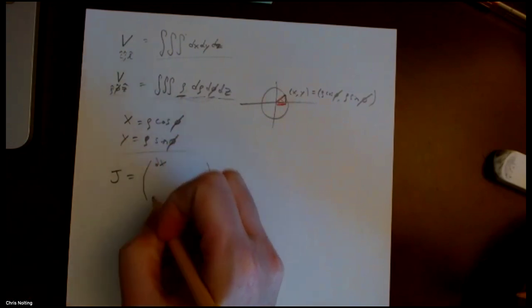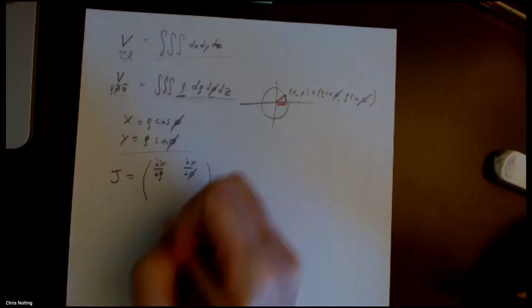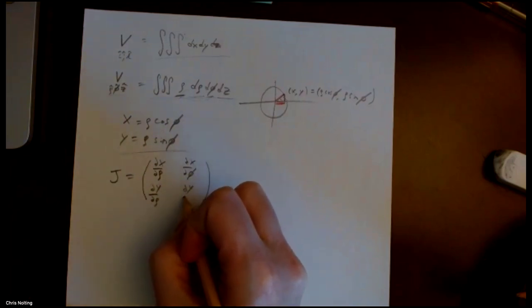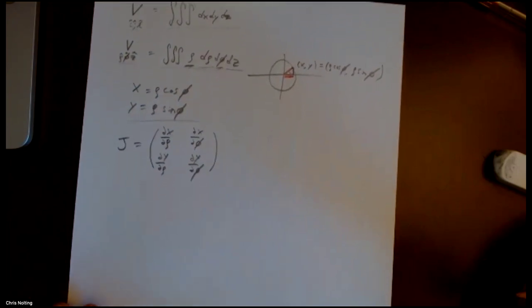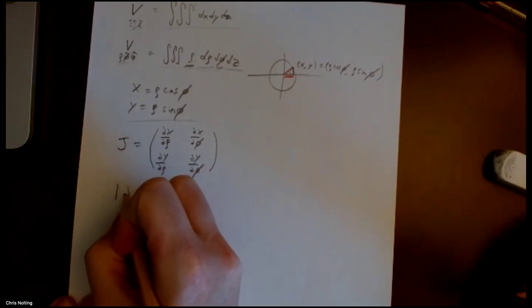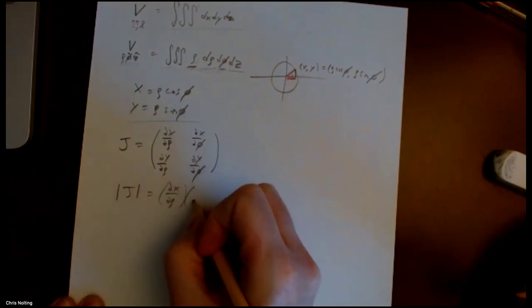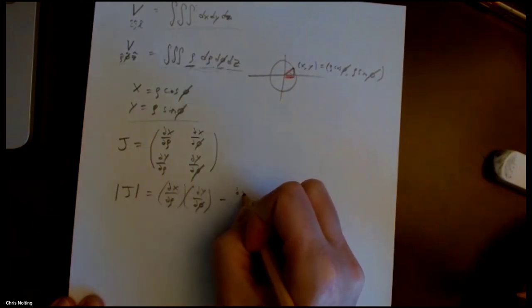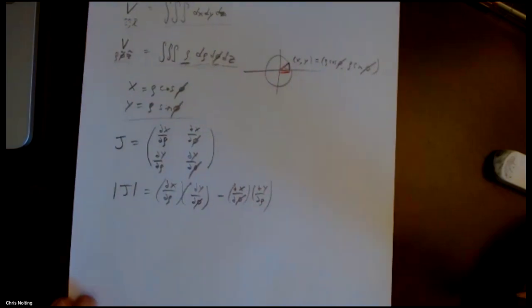So if I fill this out as dx d rho and dx d phi, and then the second row would go dy d rho and dy d phi, then if we find the determinant of that matrix, the determinant of J would be dx d rho times dy d phi minus dx d phi dy d rho.